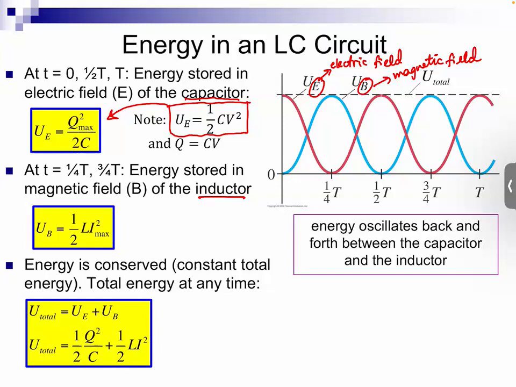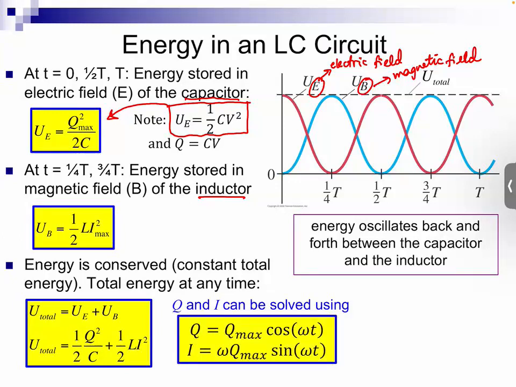But at any other times when neither is maximum, you use this equation to determine how energy is shared between your capacitor and inductor. And recall that the charge stored in your capacitor can be calculated from this cosine function, and the current passing through your inductor can be calculated using this sine function.